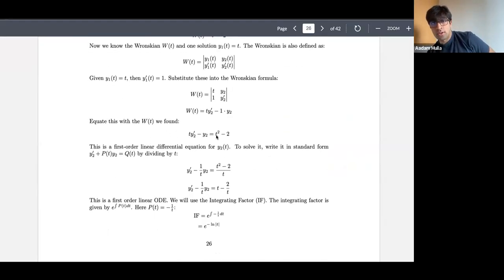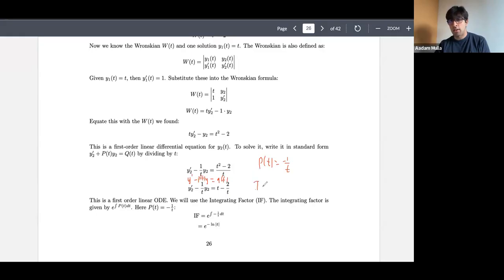So here's the original what we were looking for, right? Let's turn it into standard form by obviously dividing it by t, and we get this diff eq right here. This is our new differential equation, right? Definitely not separable, and that's fine because we know how to use the integrating factor, right? This is of the form y prime minus p of t times y equals q of t, and we know what p of t is, right? p of t is the number in front of here, equals negative 1 over t.